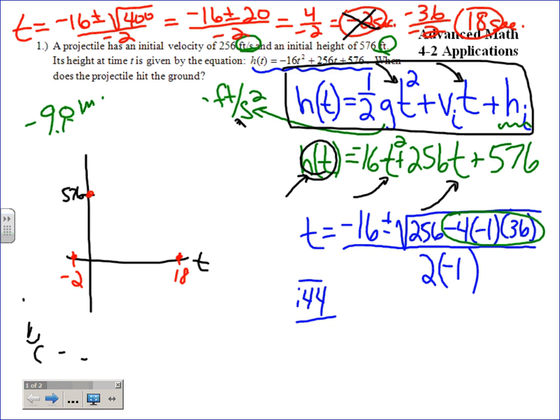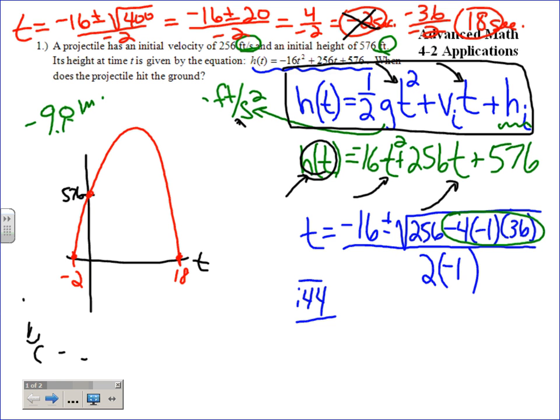Come on, somebody get it. How come both answers are there? Yeah, why do you have to plus or minus it? What's the graph of this look like? Parabola, which hits the x-axis twice.